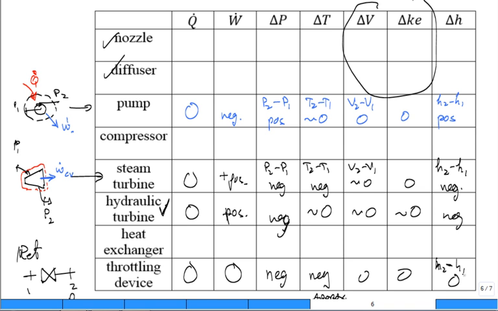A lot of people will say, hey, you have no heat transfer, it must be isothermal. Wrong, right? Pressure goes down, temperature goes down, and boom, it's ready for refrigeration. It's ready to cool something. And it's isenthalpic, constant enthalpy.